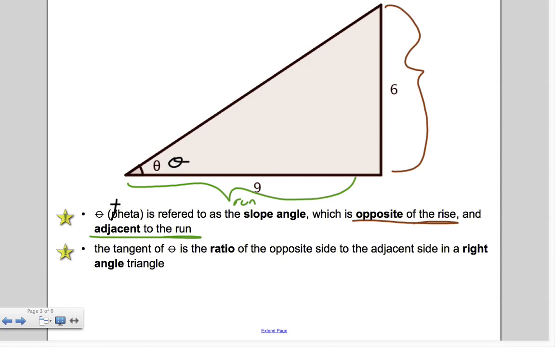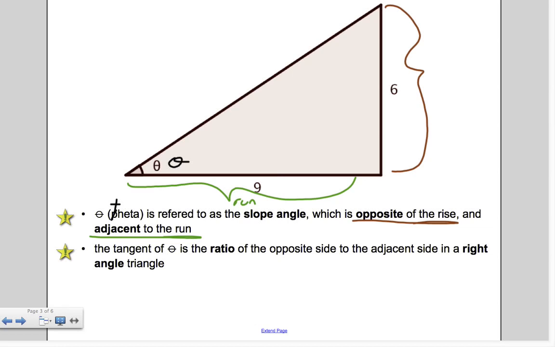Opposite, just think of English, is the one that's kind of on the other side. The anti-hero, is that what you said? So it's the villain? Yeah. So the opposite is really the rise, the side that's the farthest away from your angle. Adjacent is the side that's closest to your angle, but it's not the hypotenuse.